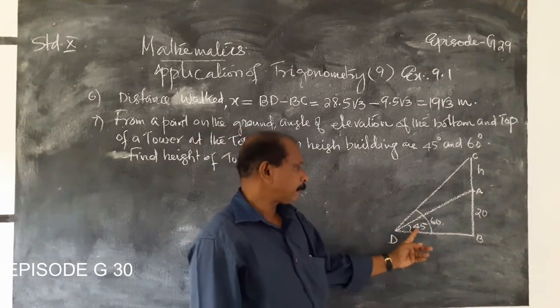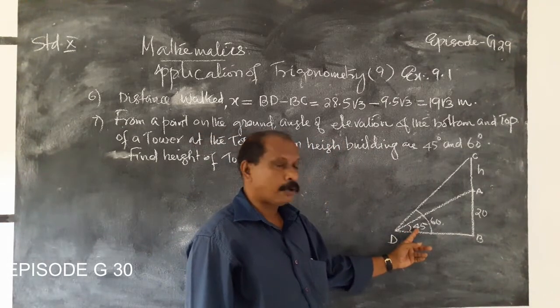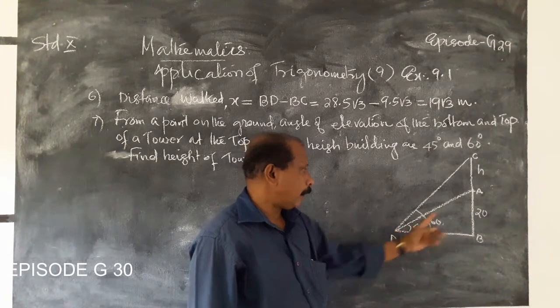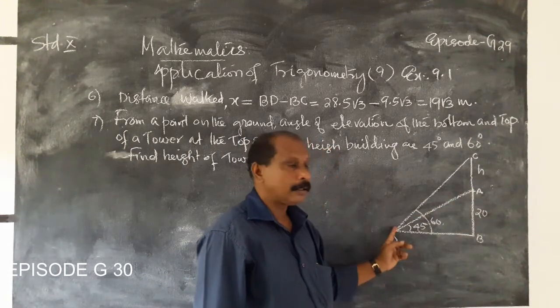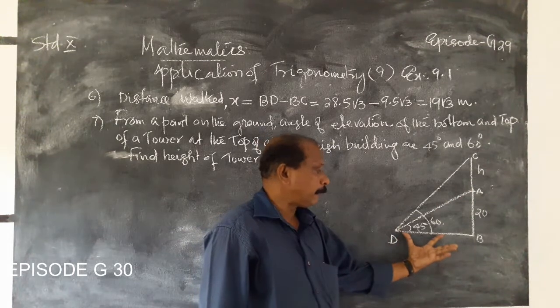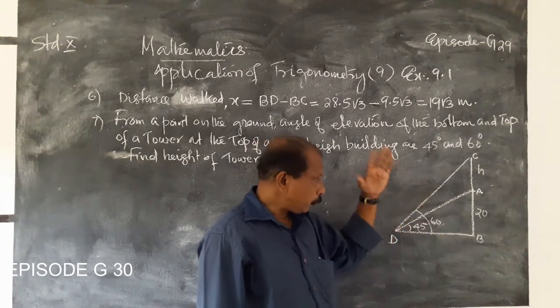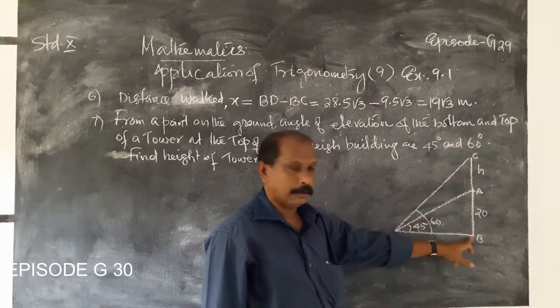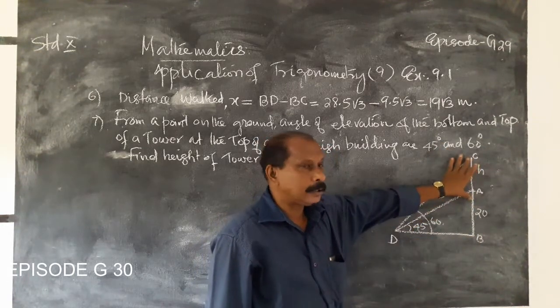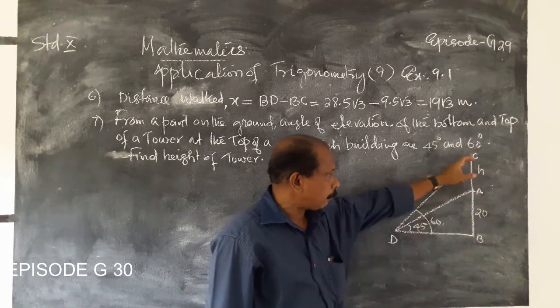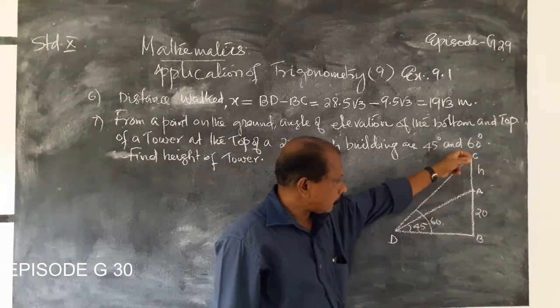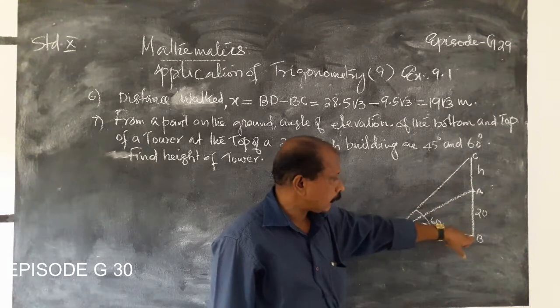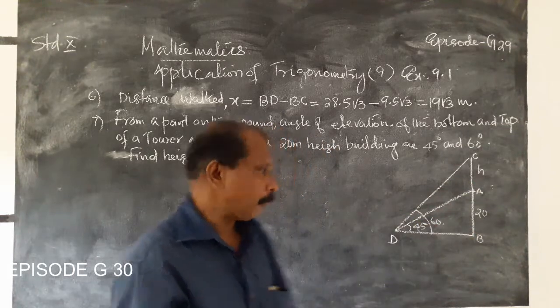Listen, using that 45 degree, that is triangle ABD, we can find out the BD. Using that BD, we can find out the AB. Then AC is equal to BC minus AB. That is the answer.